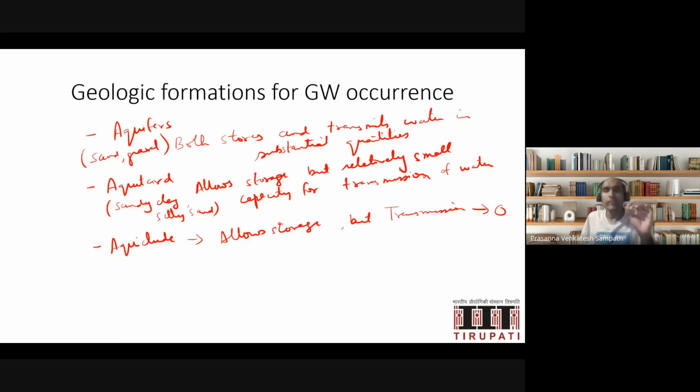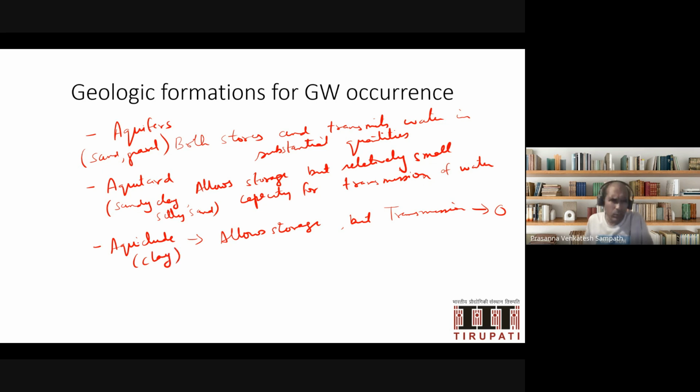Tending to zero means it's almost insignificant. Relatively small means some amount of transmission is still possible. So don't think of these as watertight compartments. This is not a very precise distinction. Okay, so for aquiclude, a good example would be clay.